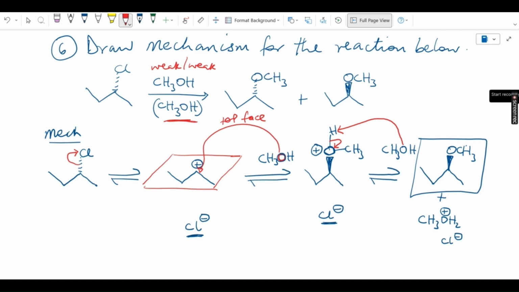So normally, if the stereochemistry here is R, and this is R, and this is S.